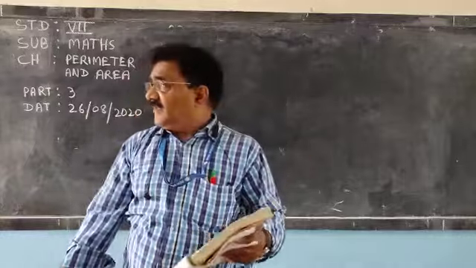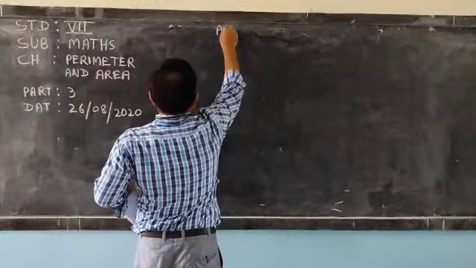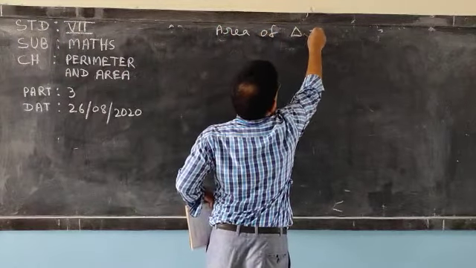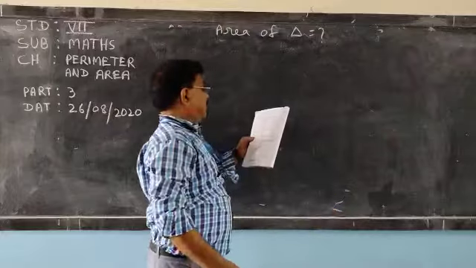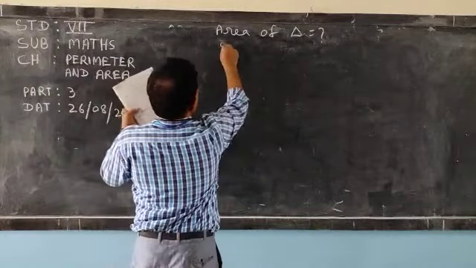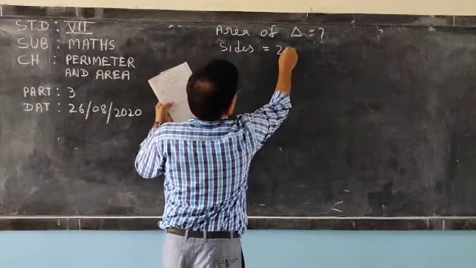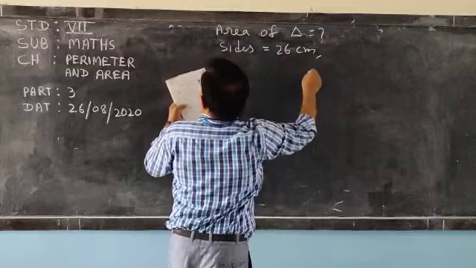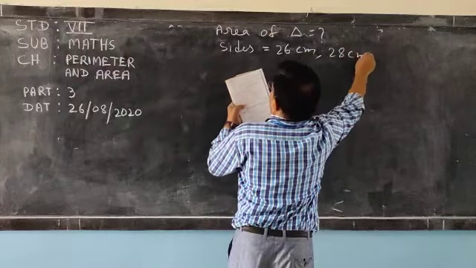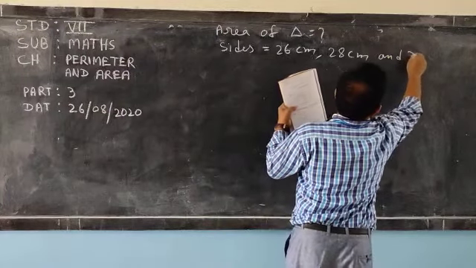See, find the area of a triangle. Area of triangle is equal to what? If the sides are 26 centimeter, 28 centimeter and 30 centimeter.